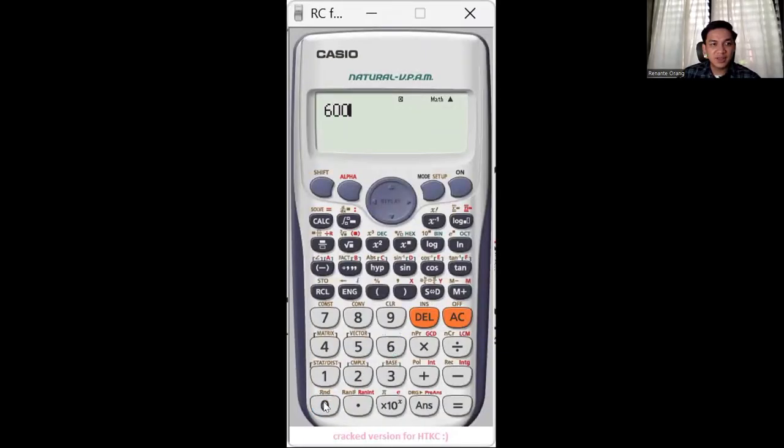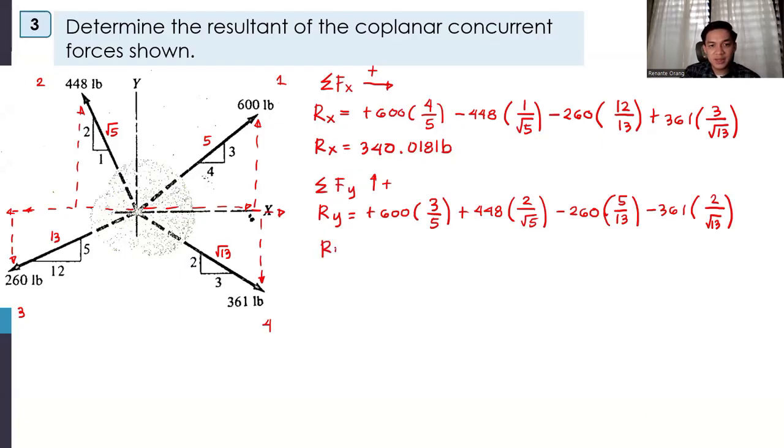Input, we have 600 multiplied by 3 over 5 plus 448 multiplied by 2 over the square root of 5 minus 260 multiplied by 5 over 13 minus 361 multiplied by 2 over the square root of 13 is equivalent to 460.457. So our Ry is equivalent to 460.457 pounds. So we now have Ry and Rx.